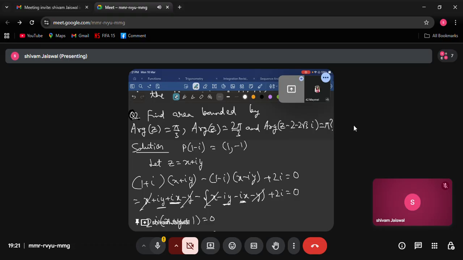Okay, so everyone see. Argument of z is equal to pi by. Okay, solve quickly. Draw the diagram. Then only you'll be able to understand.